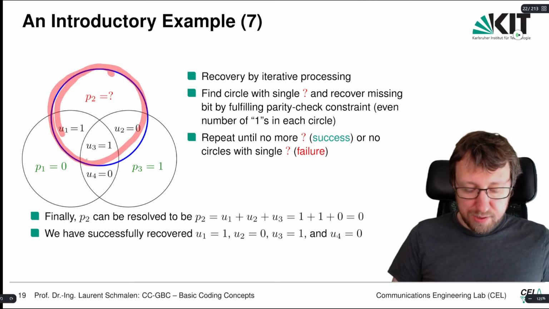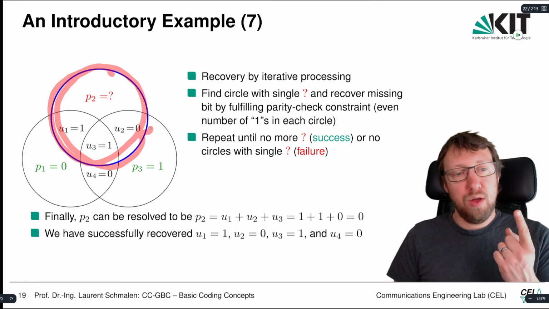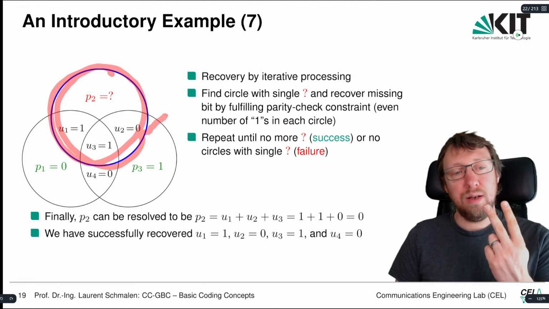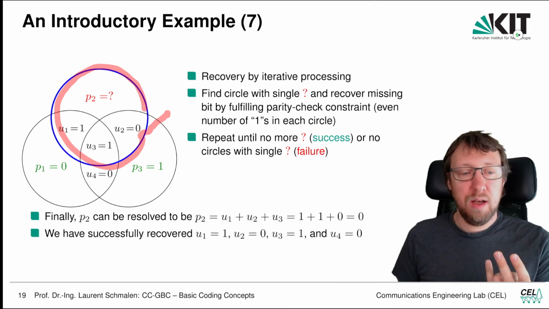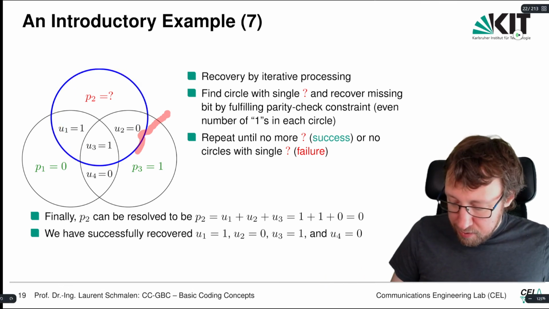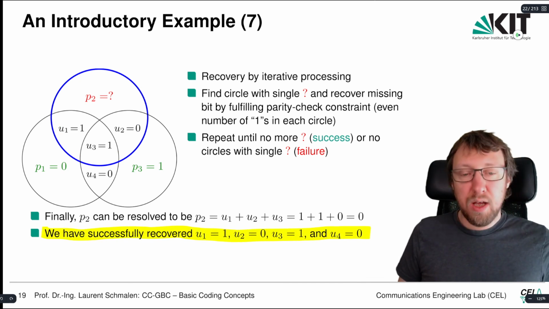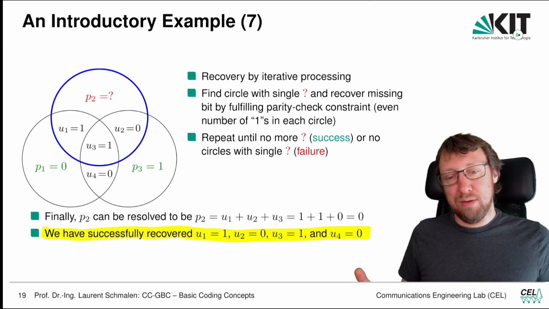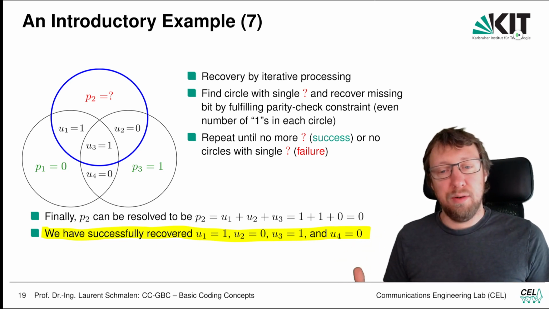And there is a final circle. This one means we can recover P2. We have U1 is equal to 1, U2 is equal to 0, U3 is equal to 1. We have two 1s, so P2 must naturally be equal to 0. So with this very simple algorithm, we have successfully recovered U1 is equal to 1, U2 is equal to 0, U3 is equal to 1, and U4 is equal to 0.